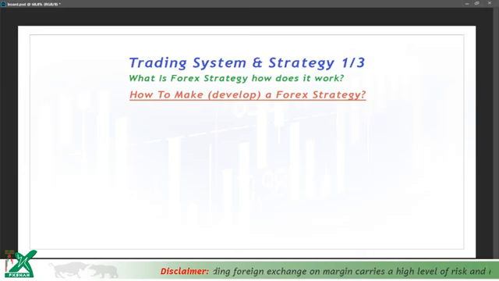Before going further, let me clear something: you have to combine all three concepts together to get a profitable strategy. So the first point is which we are going to discuss on the strategy side.